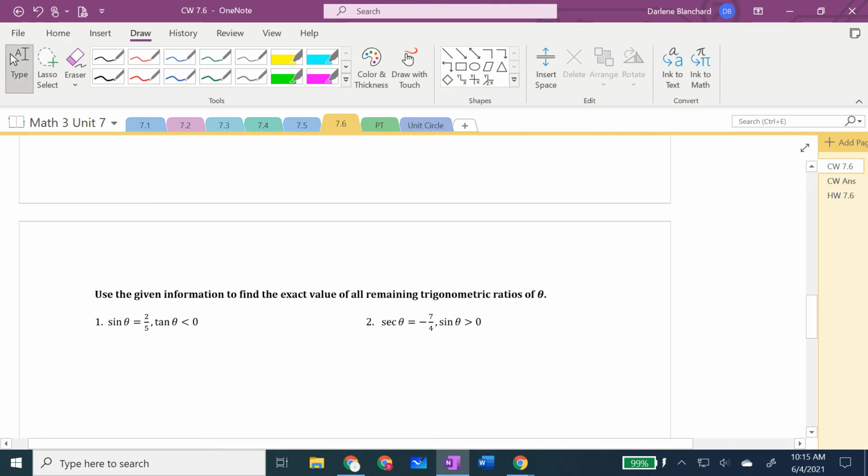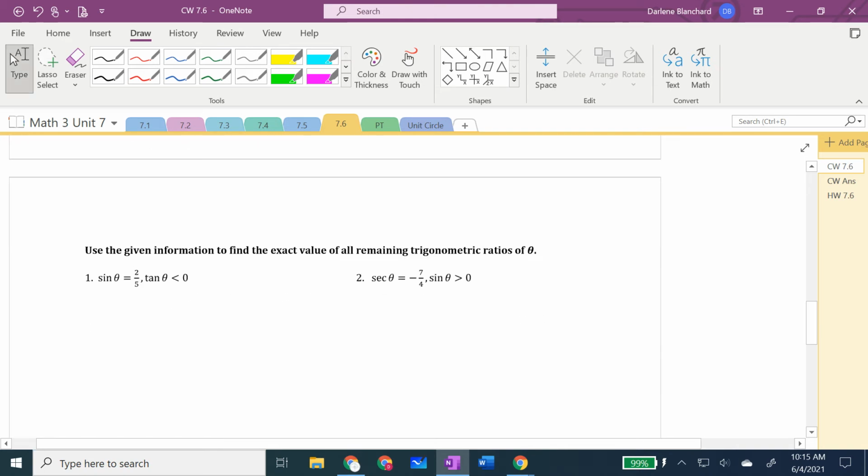So what you're going to do with problems like 1 and 2 is you're given enough information to determine which quadrant you are in. So know that the first order of business with these kinds of problems is what quadrant are you in? Is it 1, 2, 3, or 4?